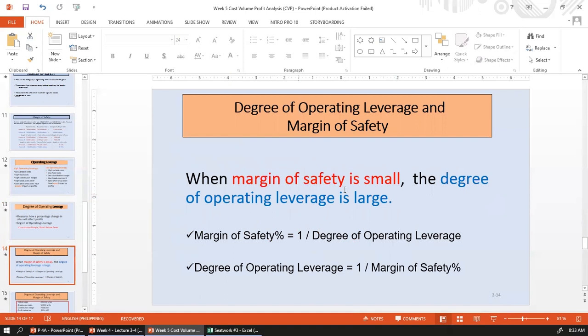So when margin of safety is small, the degree of operating leverage is large. So what is the formula? Margin of safety is equal to 1 divided by degree of operating leverage. Tignan nyo yung difference. Pag margin of safety, your denominator is degree of operating leverage. While degree of operating leverage is 1 divided by your margin of safety percentage.